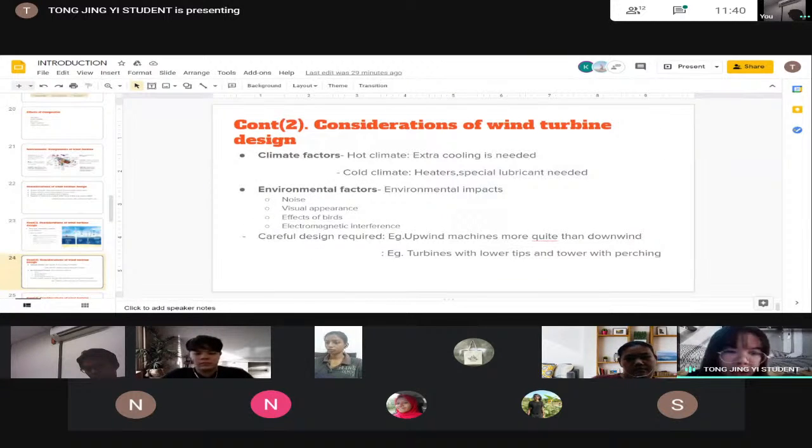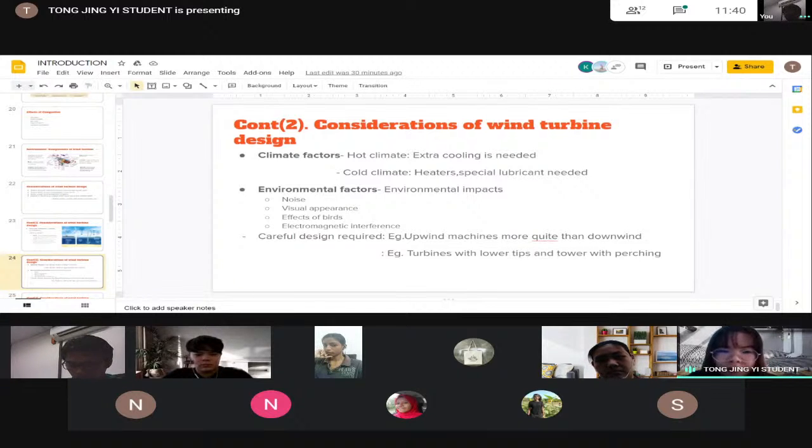Okay, next are the climate factors. For hot climates, extra cooling is needed for the wind turbine, and for cold climates, heaters and special lubricant are needed to protect them. Next are the environmental factors.